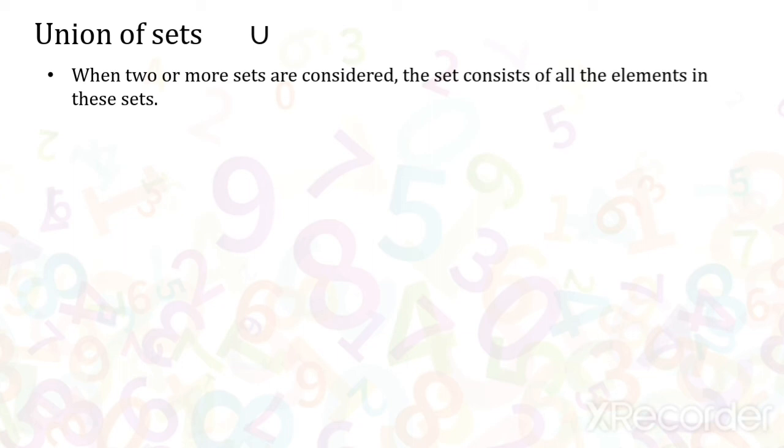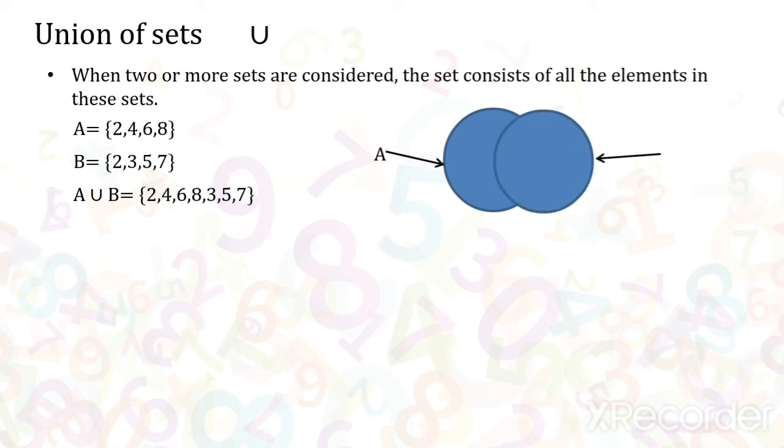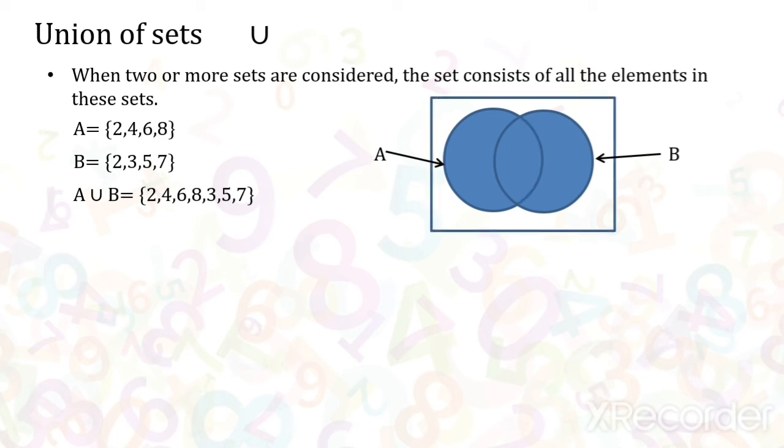Keep that in your mind. To explain it, I have taken the example A = {2, 4, 6, 8}, B = {2, 3, 5, 7}. So A union B means you can write the set {2, 4, 6, 8} and the rest from set B. To represent this information, we can use the Venn diagram like this. A and B are shaded.